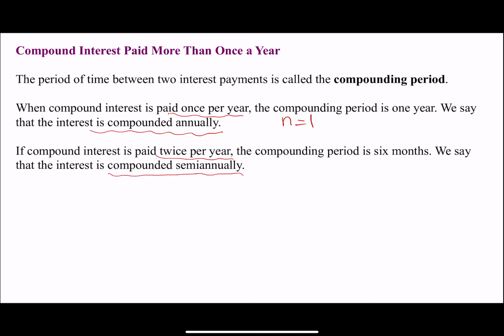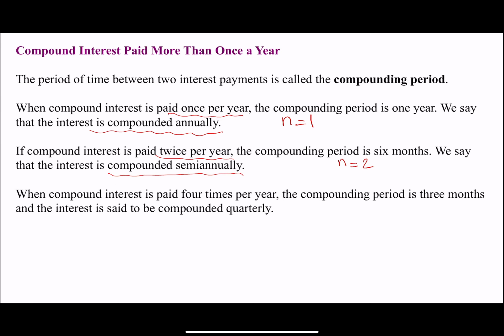In that case, n is equal to 2. If your interest is calculated 4 times a year, it means every 3 months, right? n is equal to 4, and we call that compounded quarterly.